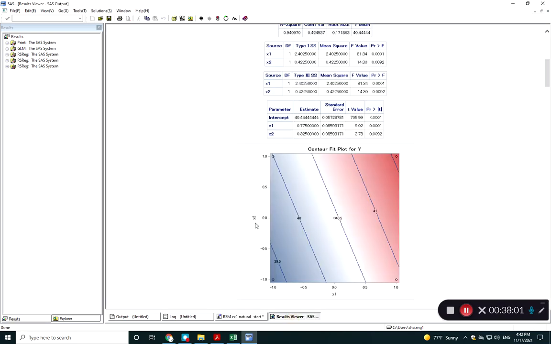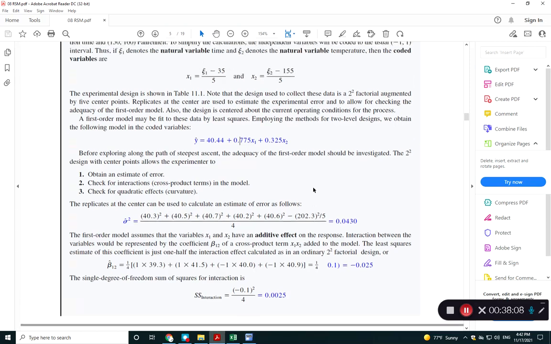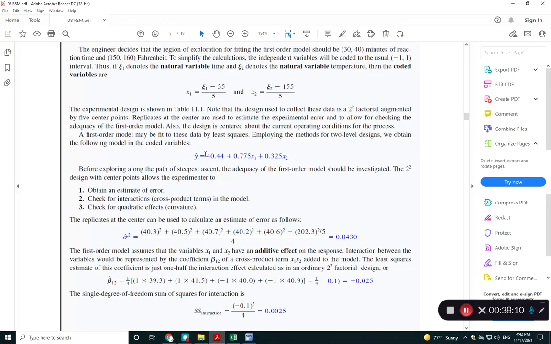But if I'm using regression of the coded variable, it shows this. Regression: y equals the intercept plus x1, but not -1 or +1, it's 0.775 of x1. So for every unit I increase x1, I will have 0.775 improvement in my y.